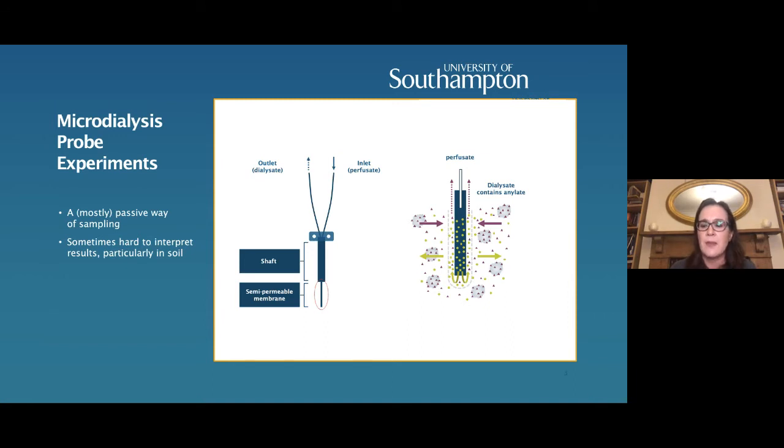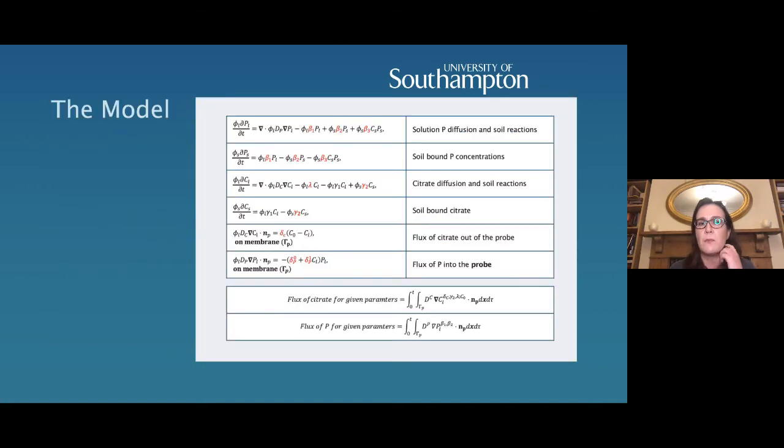So with this careful technique of microdialysis probes, we were able to characterize for the first time a very complex model for soil phosphorus and citrate interaction in a soil pore space. I'm not going to describe all the different terms here, but we took into account the microbial turnover of organic compounds delivered by microdialysis probes.